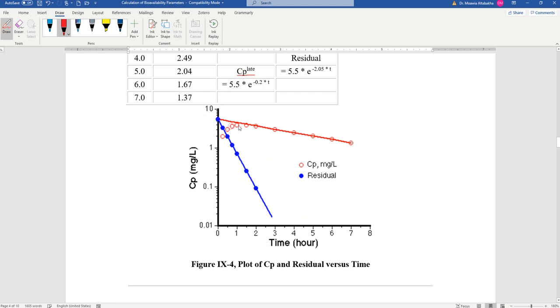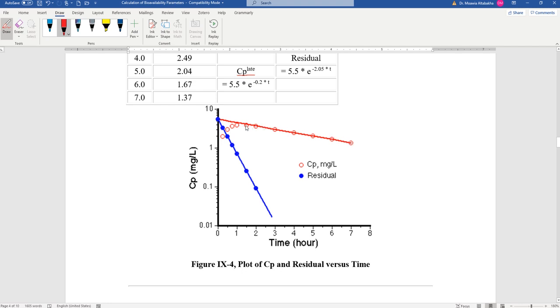Usually, as I said, after the peak concentration, she noticed that the data points here can make a straight line.